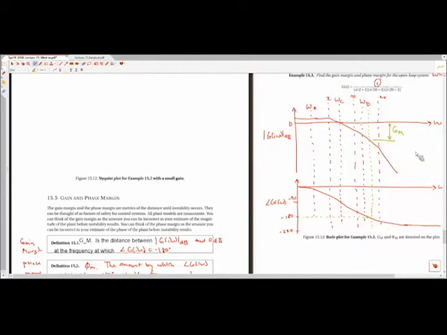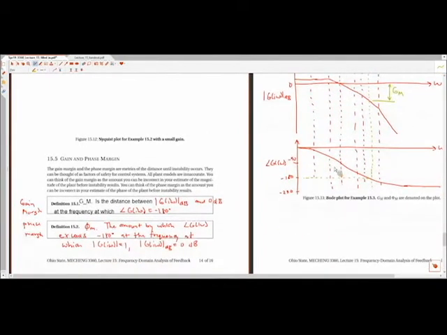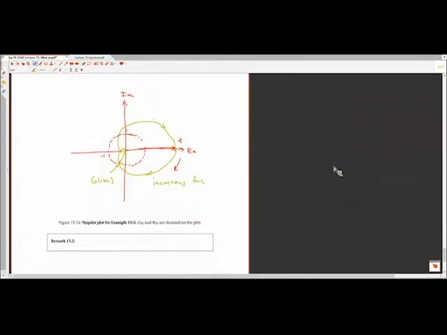Okay. So looking at the frequency at which the phase crosses 180 degrees is equivalent to asking, what is the magnitude when the Nyquist plot crosses the negative real axis? Negative real axis corresponds to negative 180 degrees or 180 degrees, however you want to look at it.